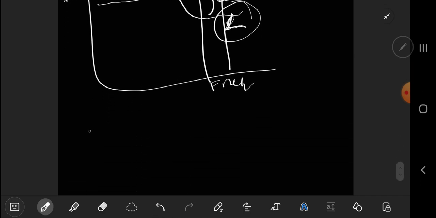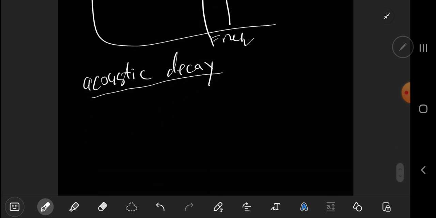Usually there is also acoustic decay in the acoustic reflex test. Now, acoustic decay is the phenomenon in which the patient's acoustic reflex decays as time elapses with the loud sound.